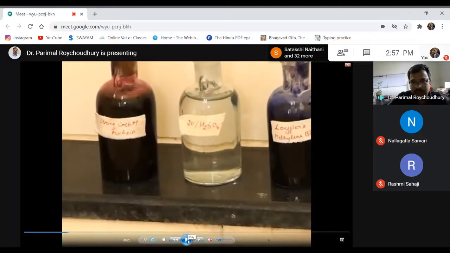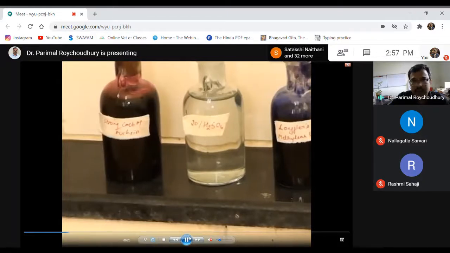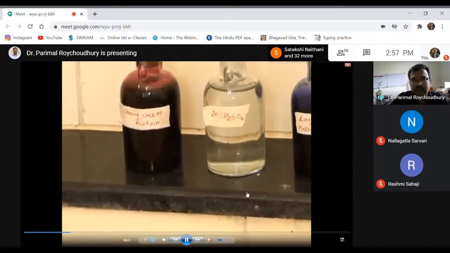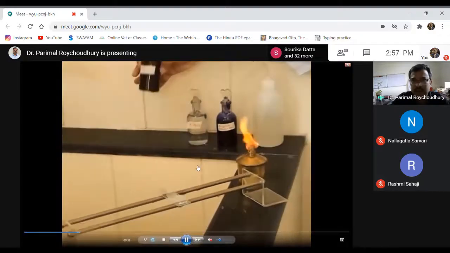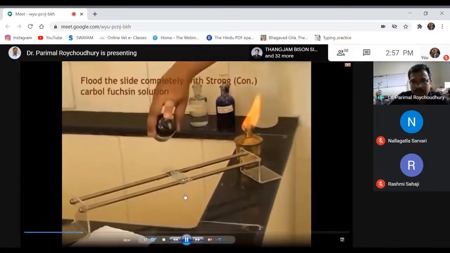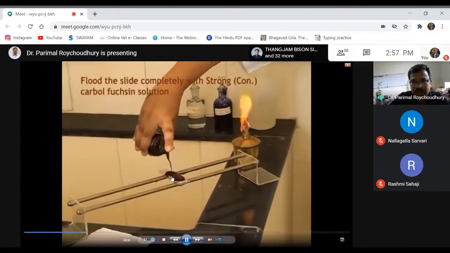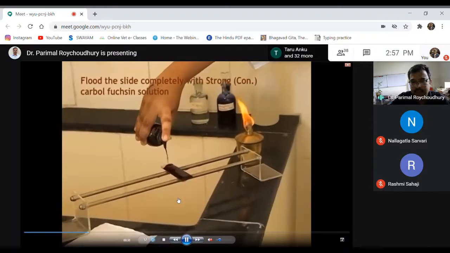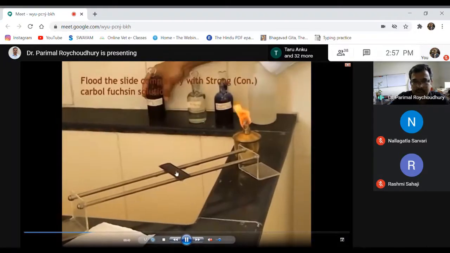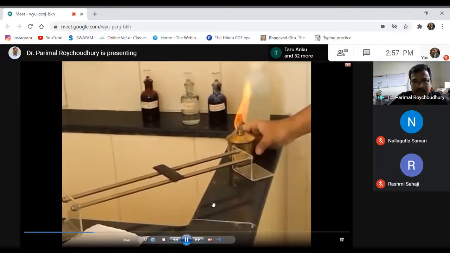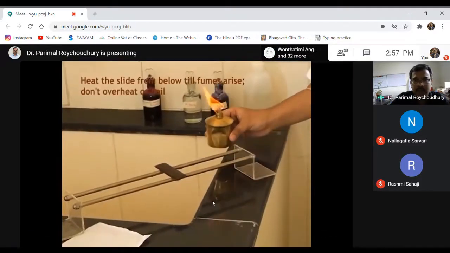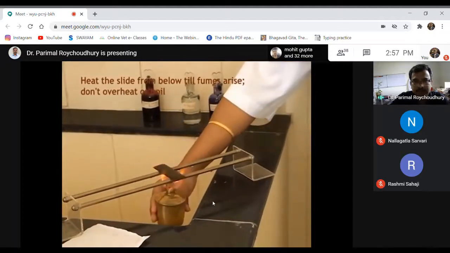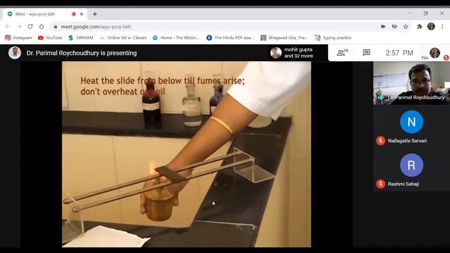Here what they are doing is preparing a bacterial smear, and they are taking these 3 components. These are the 3 things they need. This is the smear they prepared. After preparing the smear, they have fixed it by applying heat, and then on the staining rack they flood it with the stain, and apply heat by passing the spirit lamp just below the slides.